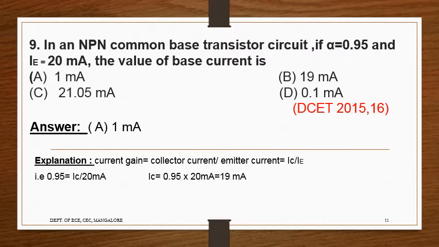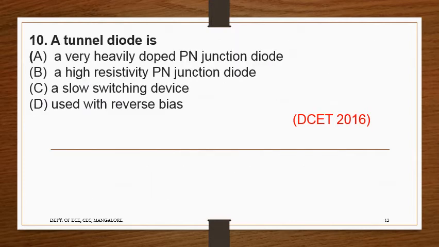Alpha is given as 0.95, so we only have to calculate IC. Extrapolating, we get that as 19 milliamps. But we need to find IB. IB is IE minus IC. So we get it as 1 milliamp.